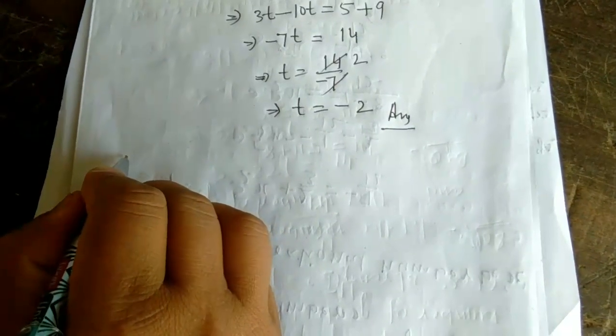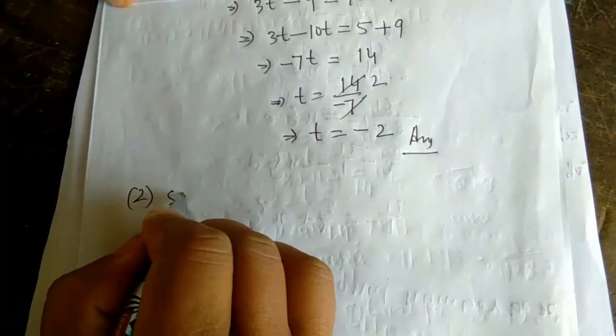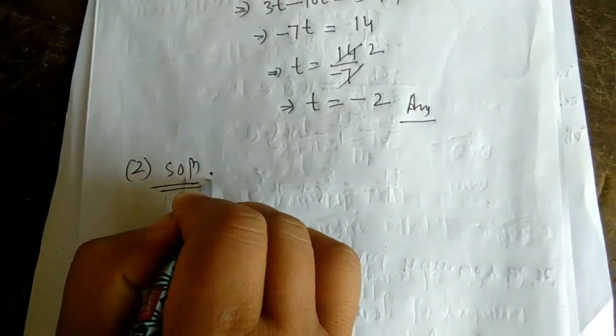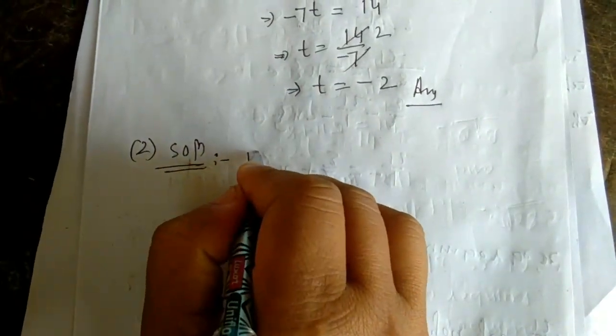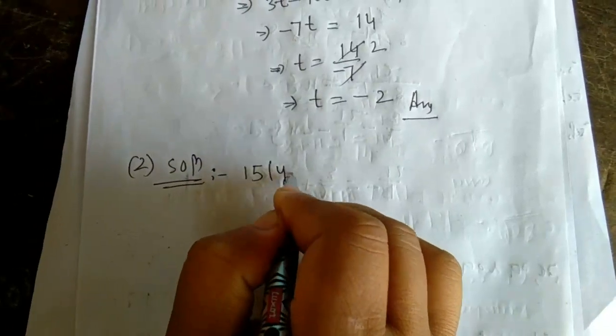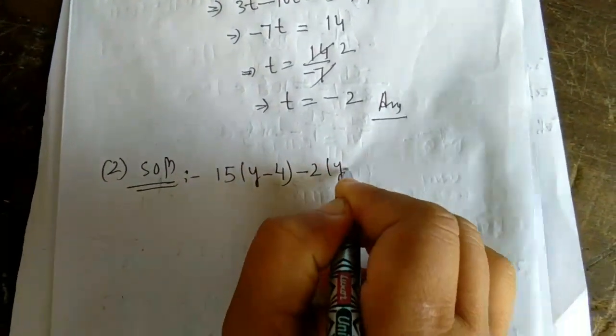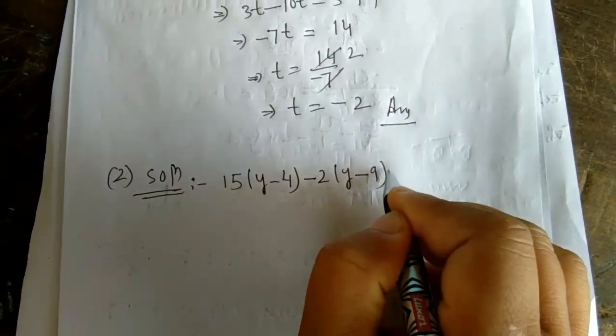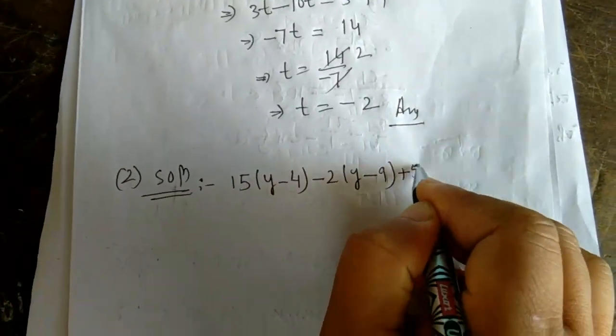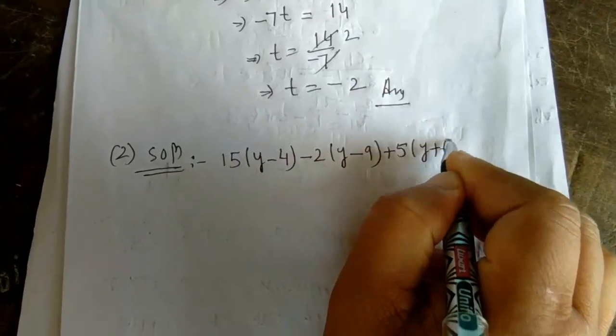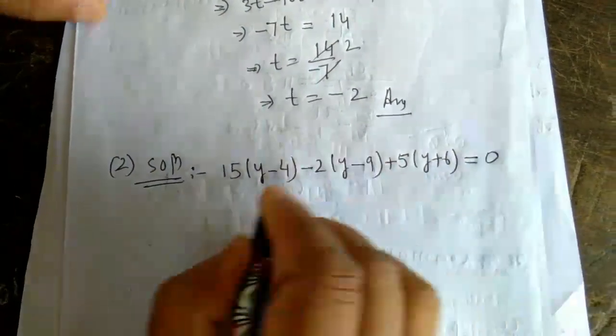Now question number 2, solution. 15(y − 4) − 2(y − 9) + 5(y + 6) = 0.